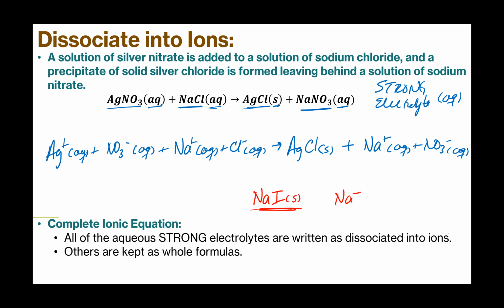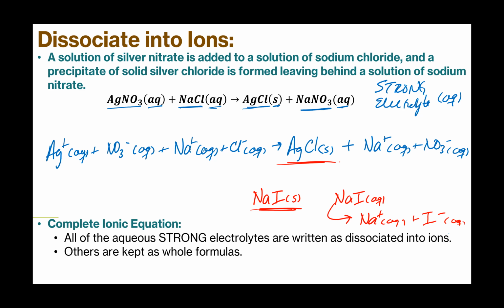But if the sodium iodide is aqueous, then it dissociates into Na plus aqueous and I minus aqueous. We'll see some examples of this as we go. Anything that's not aqueous and a strong electrolyte will stay together as its whole formula. That's what we did here with our silver chloride.